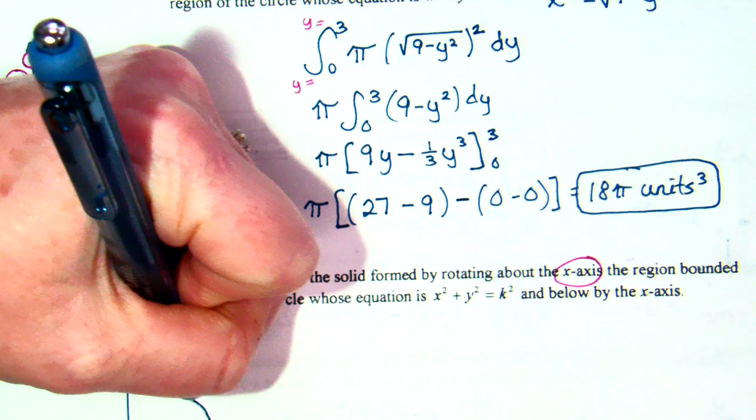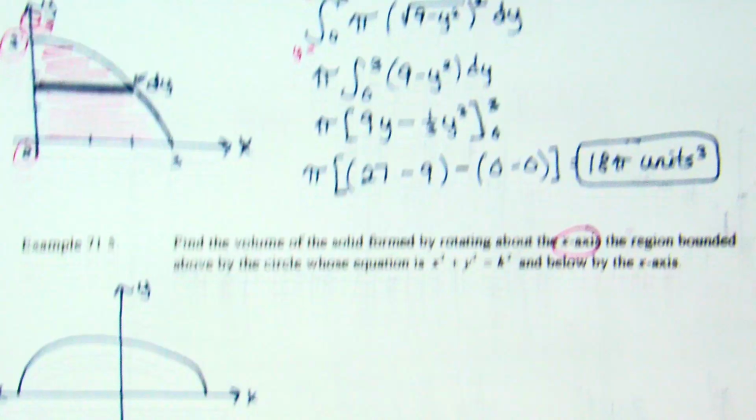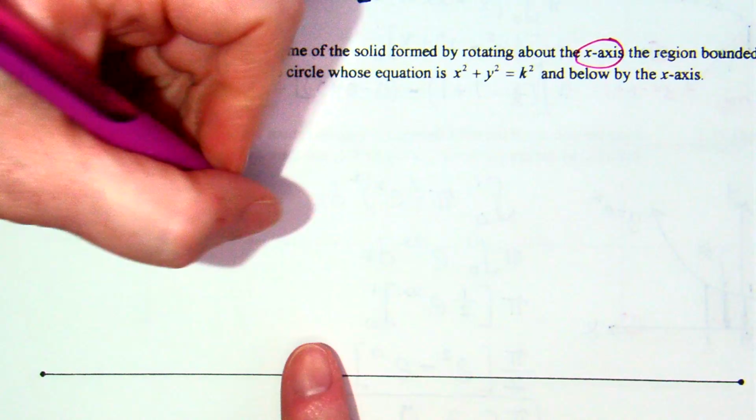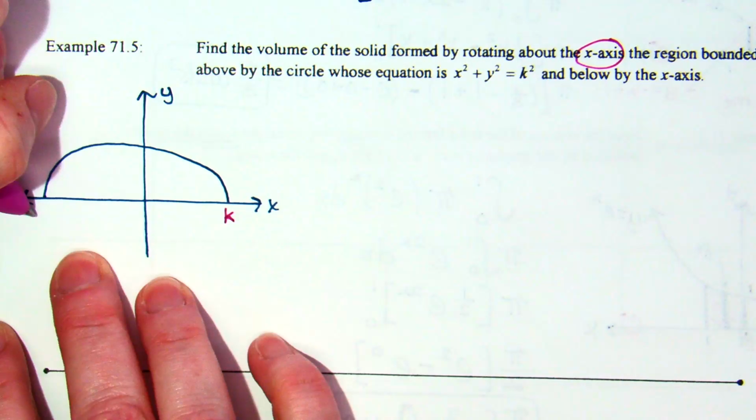Ignore. But radius of k means this intersection point over here is positive k. This intersection point over here is negative k. And this intersection point up here is k. Obviously not drawn to scale.